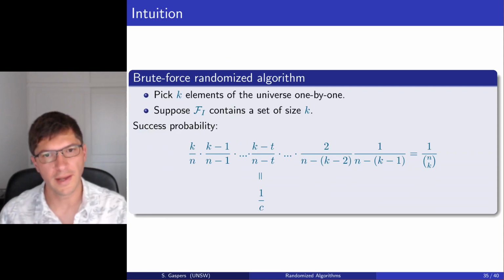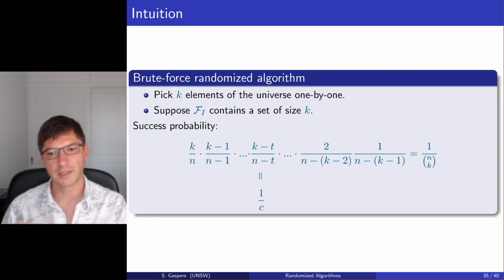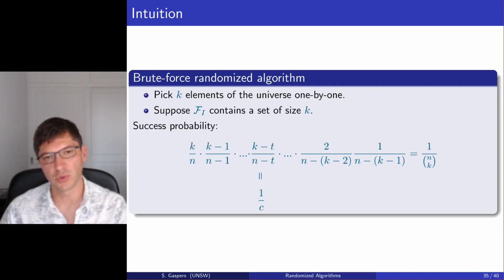So we can view this algorithm as picking elements of the universe uniformly at random, one by one. At some point it stops and runs the parameterized algorithm whose running time depends on k.